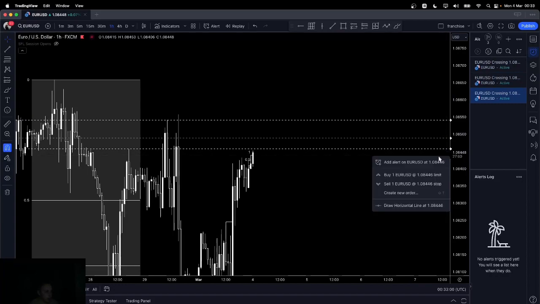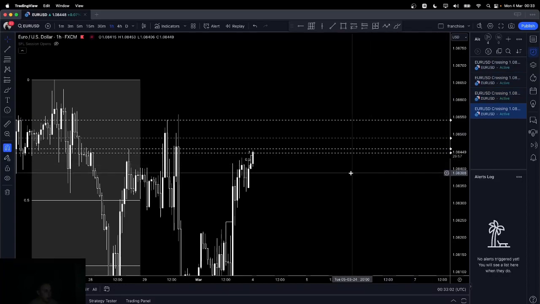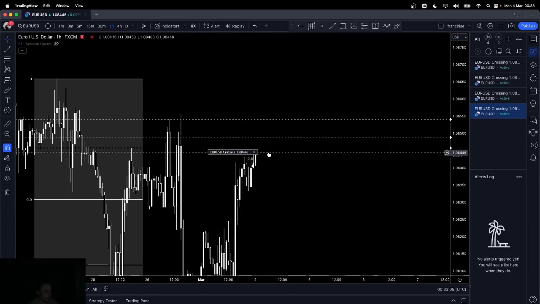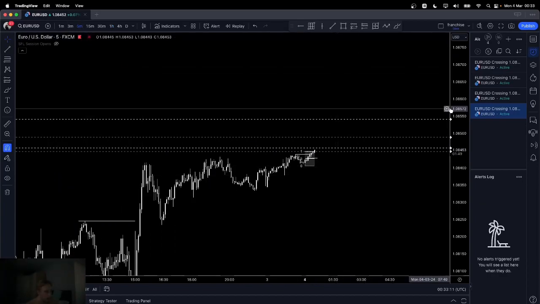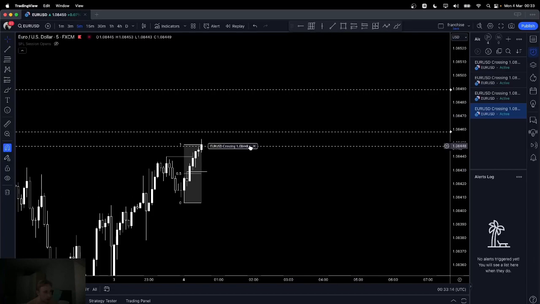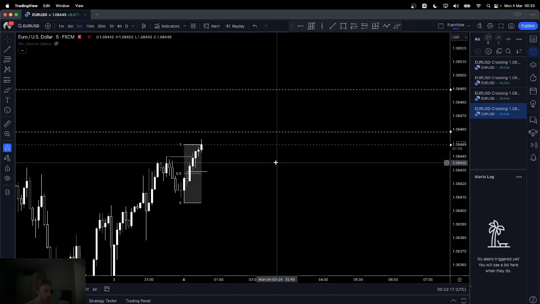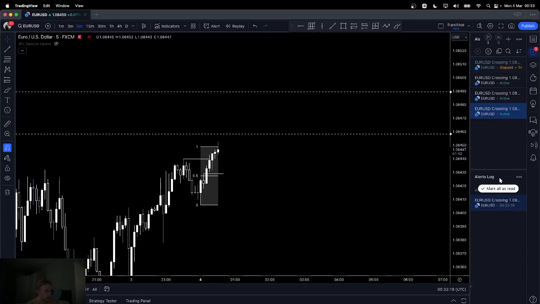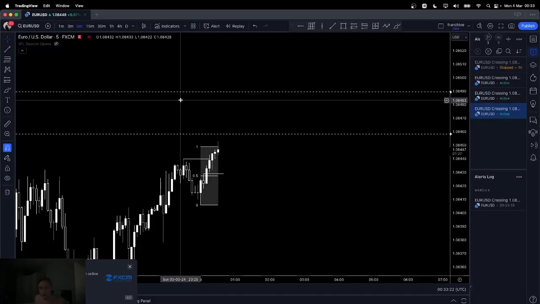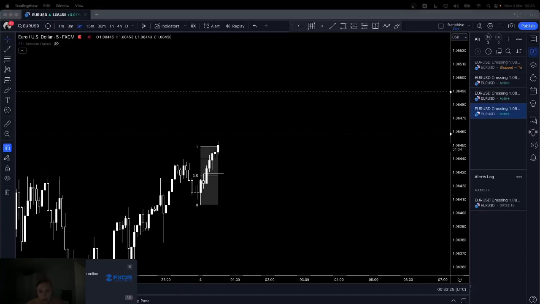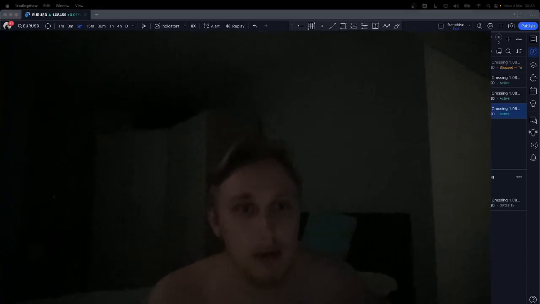She just set one for a pip away. Oh, I might not do that now because it has to come back down. As you can see, I get a notification on my phone. Just so you know, I know this is dragging out a little bit. You get it there, so you can literally have unlimited alerts. I don't know how many you can have, but you can have quite a few.